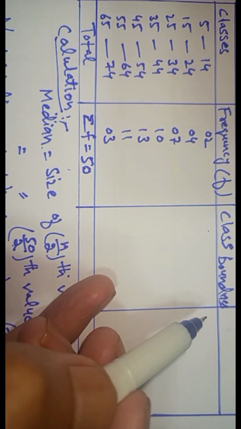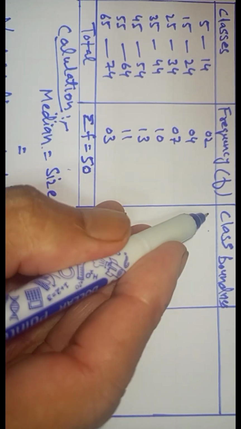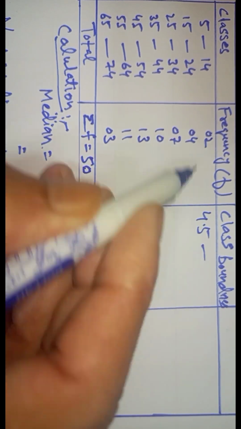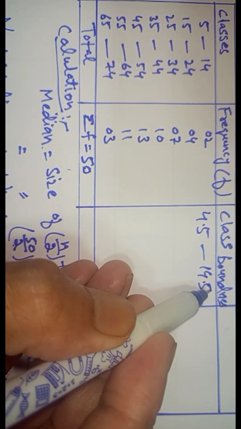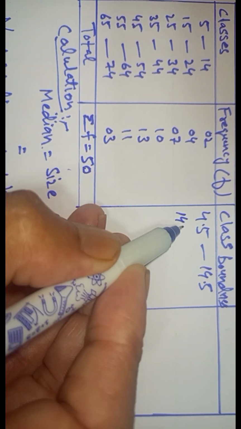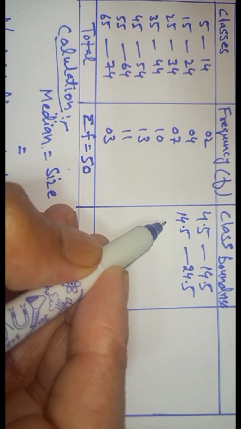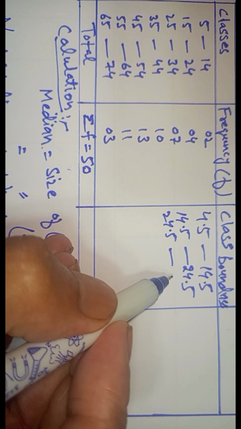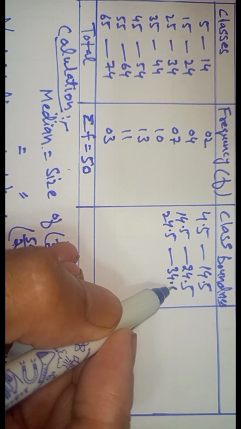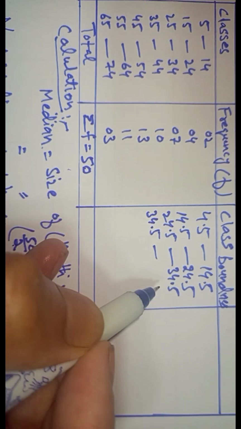Now here we need the class boundaries. For class boundaries, we take it from 4.5 to 14.5, 0.5 back and 0.5 ahead for the upper. 14.5, the upper boundary of the first class, is the lower boundary of the next class, and so on.